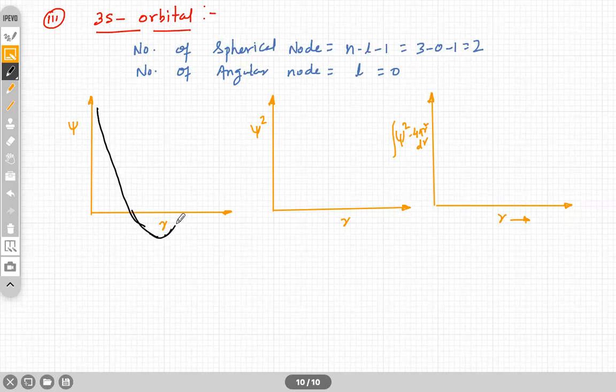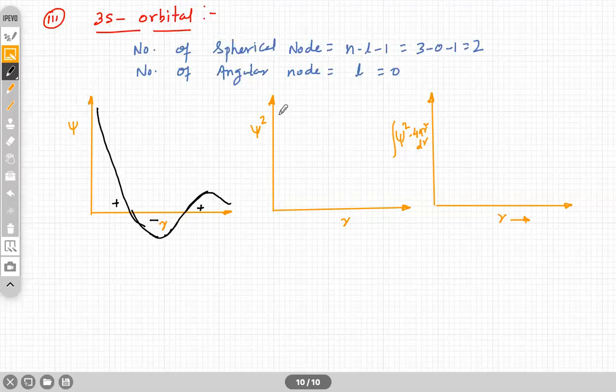It goes like this. Two nodes, so 2 times it will touch the x-axis. So it is plus, this is minus, and this is plus. Further, it won't touch the x-axis, right?